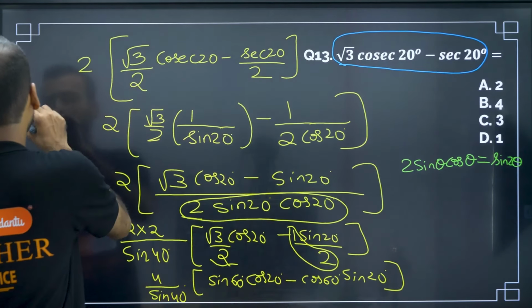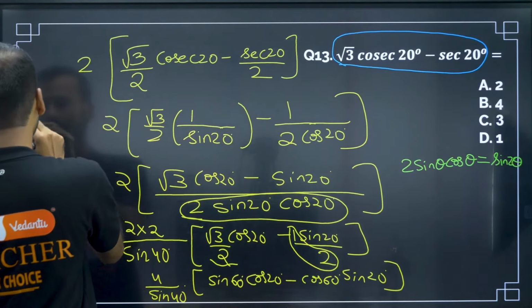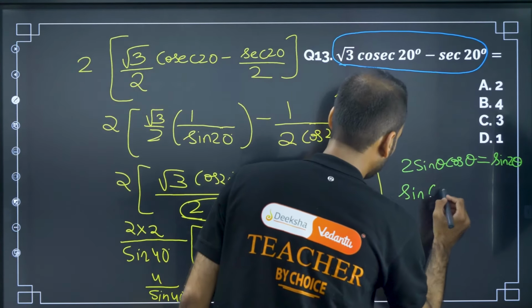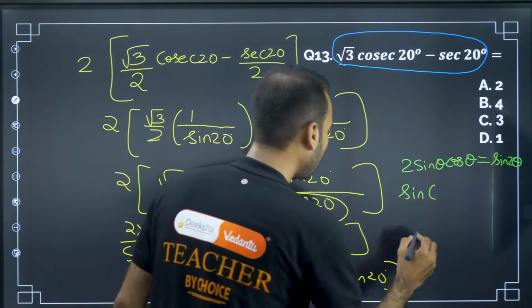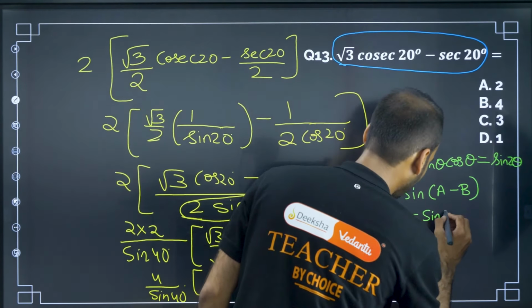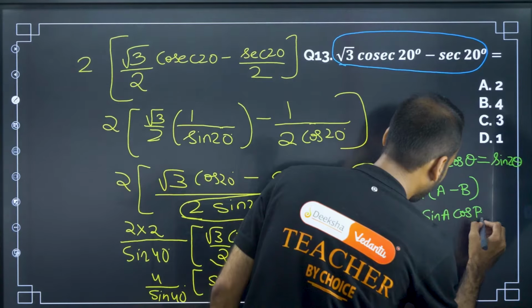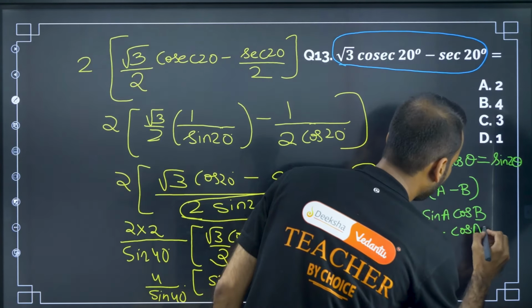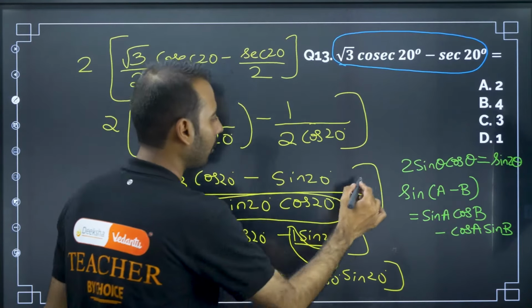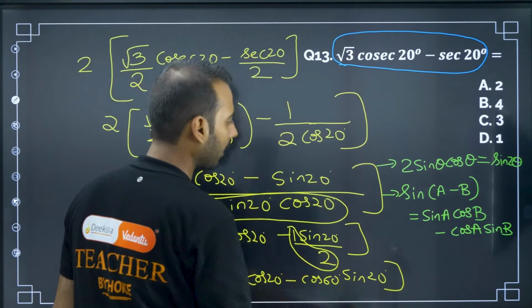Now, one point you try to recall, one synopsis point. What is that synopsis point? At this point, you should be knowing sine of a minus b is equal to sine a cos b minus cos a sine b. This is the first synopsis point, this is the second synopsis point.